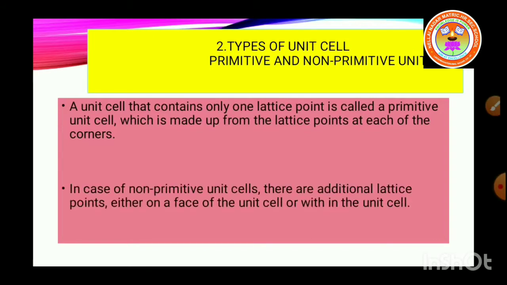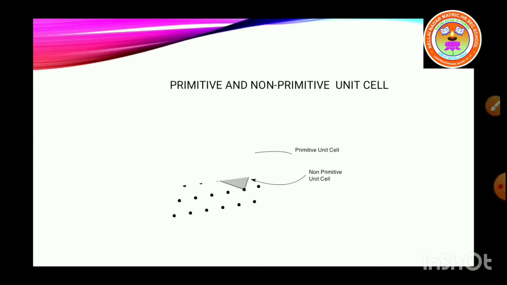The second one is, what is non-primitive unit cell? In the case of a non-primitive unit cell, there are additional lattice points either on a face of the unit cell or within the unit cell. Let's see the diagram. See here. What is primitive unit cell? How to say simply?